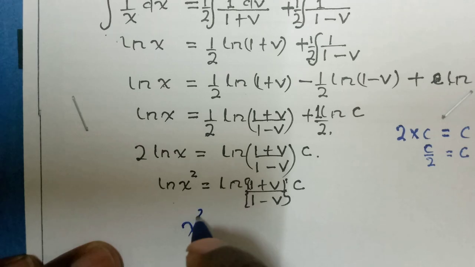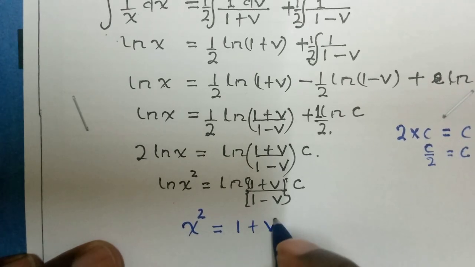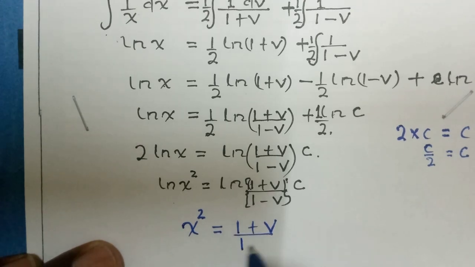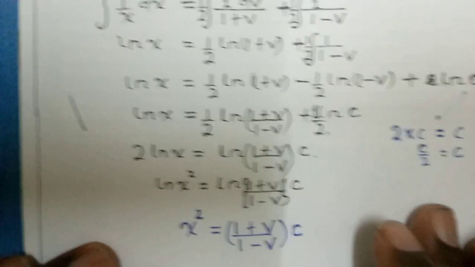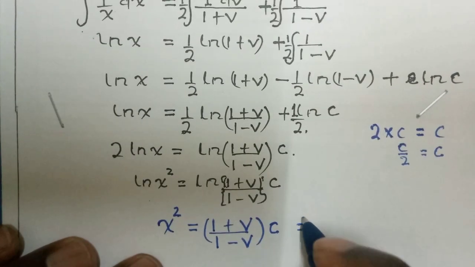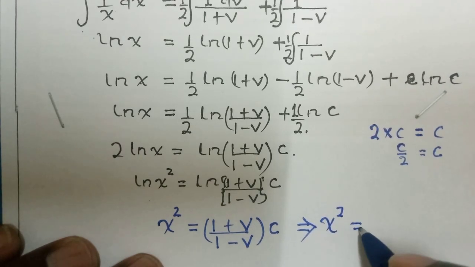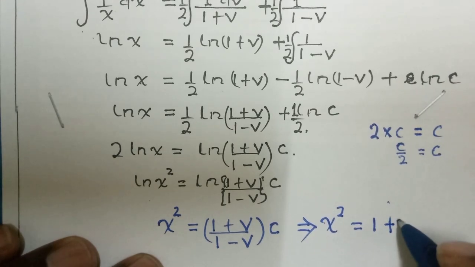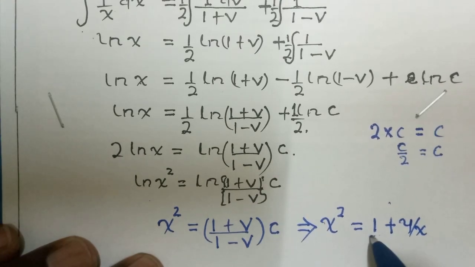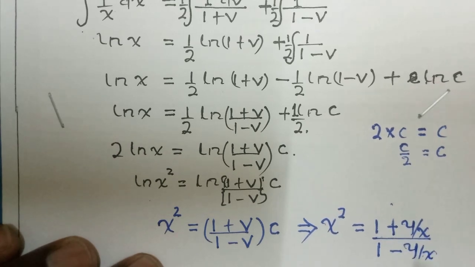It will be x squared equals to 1 plus v all over 1 minus v multiplied by c. And this one will now come to x squared equal to 1 plus, instead of v now we can write y over x, all over 1 minus y over x, like that.